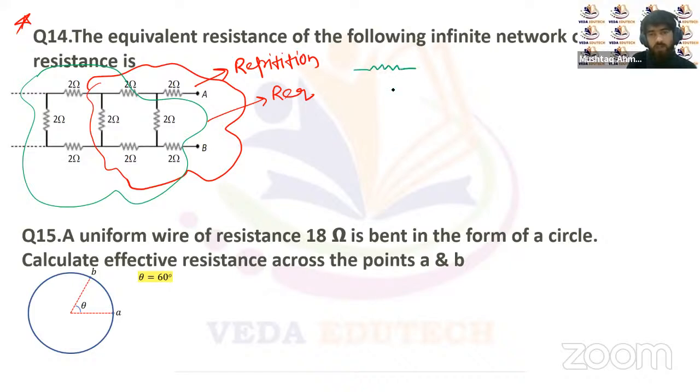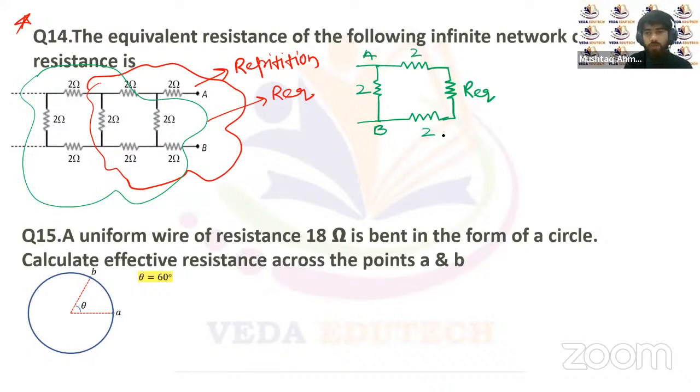This is a resistor of 2 ohm, and this is another resistor of 2 ohm each. And we have replaced this part of the circuit with R equivalent. We have to find the equivalent resistance between these two points A and B. The resistance of this part is 2 ohm, this part is also 2 ohm.